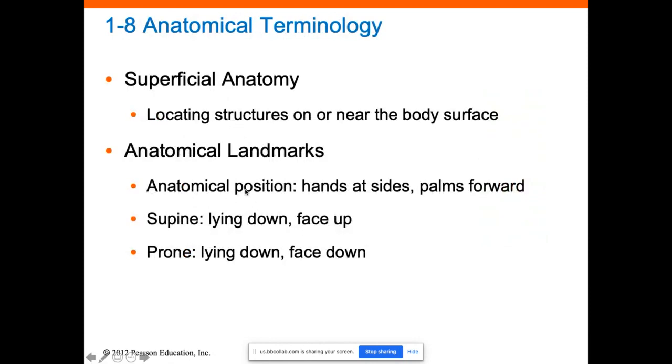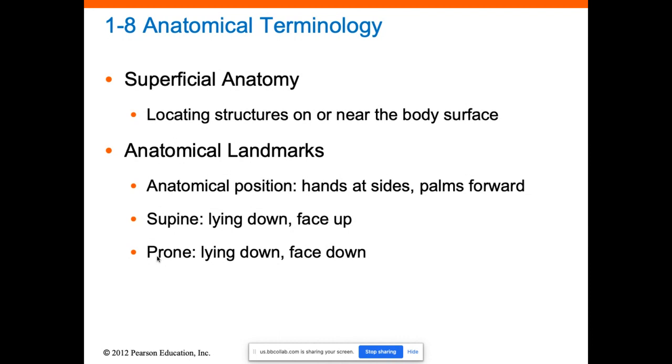In terms of superficial anatomy, you need to know anatomical position: hands at the sides, palms facing forward. Supine is lying on your spine face up, whereas prone is lying face down, on your nose. Supine and prone are also used with your hands.